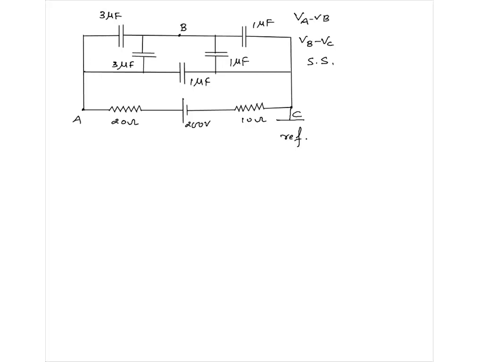No current is flowing, so this resistor cannot create any drop. This resistor cannot create any drop. Whatever is the EMF, that's it. Left side is 200 volt, or rather, I think this should be 100.